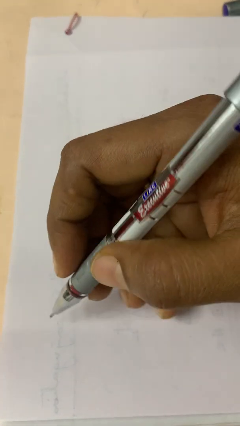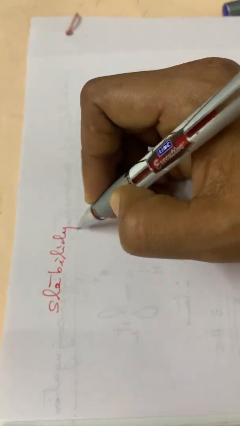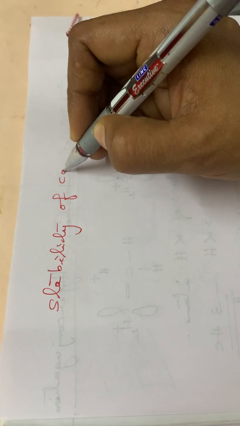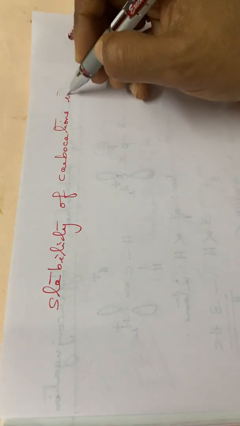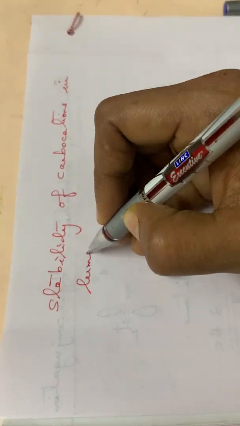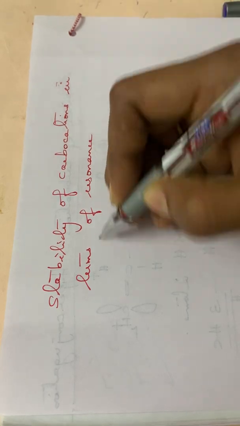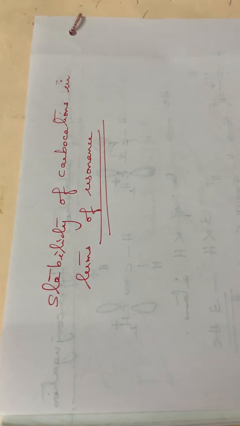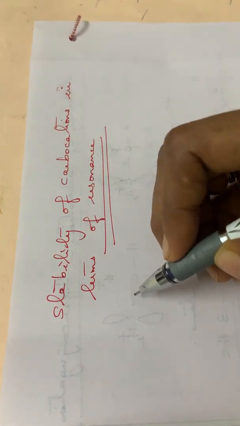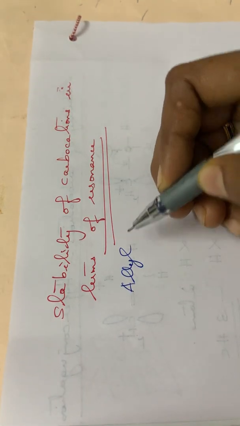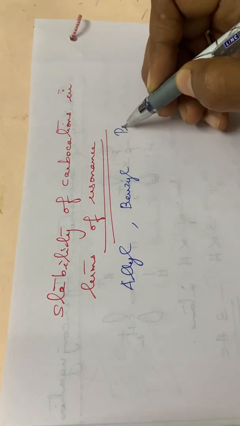Then the next is stability of carbocations in terms of resonance. See here we are discussing mainly the different carbocations, that is allyl carbocation, benzyl carbocation, then propyl carbocation.